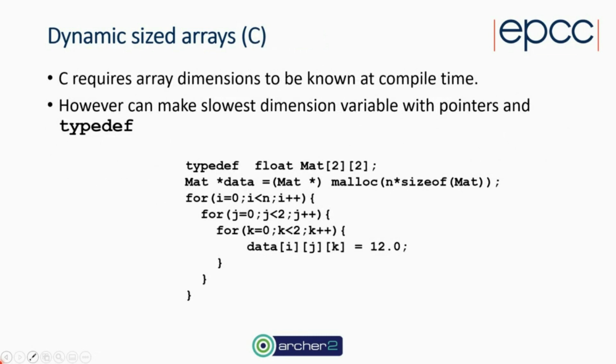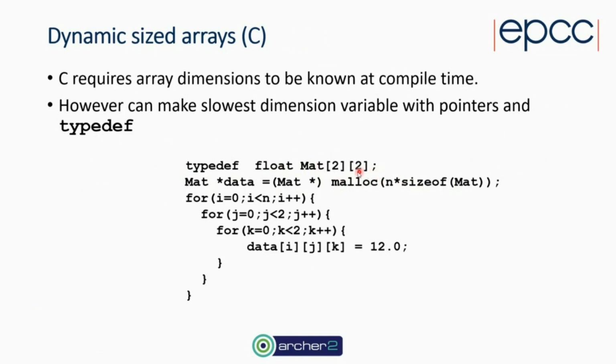It is also possible in something like C and C++ to do a combination of compile-time decided arrays and runtime decided arrays. So here's an example where there's a small fixed size matrix. You could think of this as a tensor data structure, but we want lots of them. We don't know how many we want, we decide that at runtime, so we use this malloc statement to create an array of them.